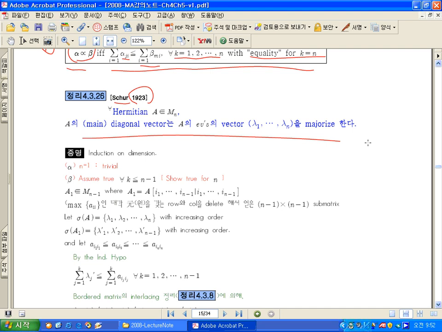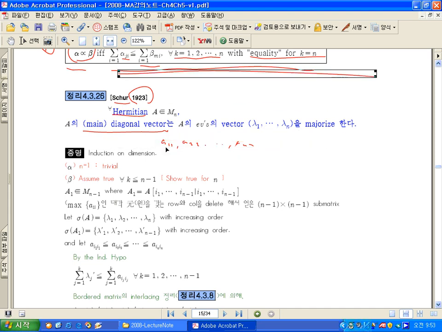For a Hermitian matrix A, which has all eigenvalues that are real numbers, take the main diagonal of A, which means a11, a22, up to ann. Let's make this a vector, the main diagonal entries of that Hermitian matrix.